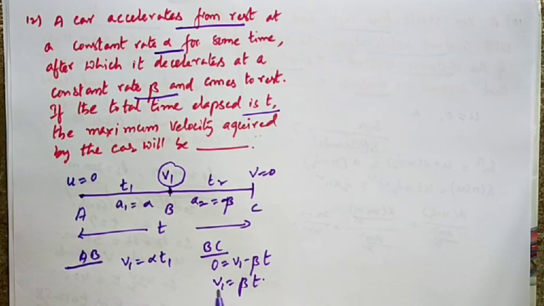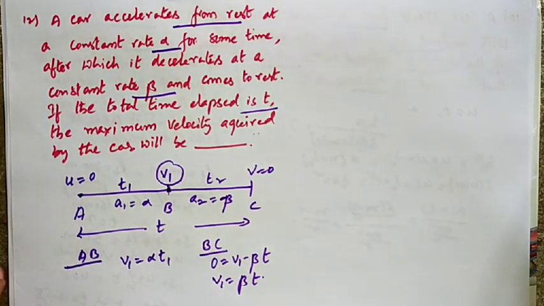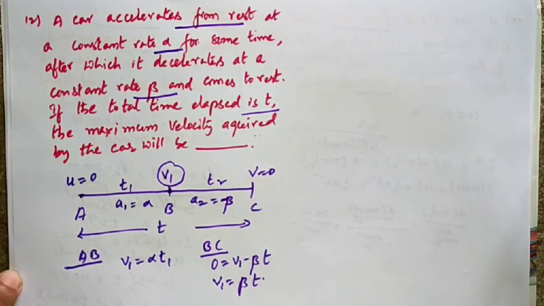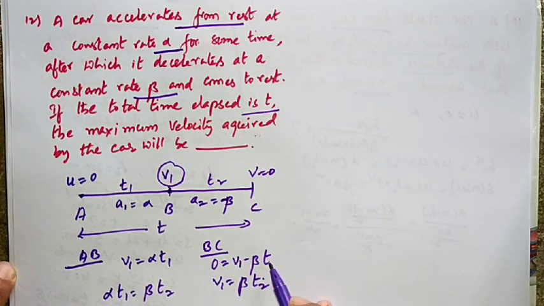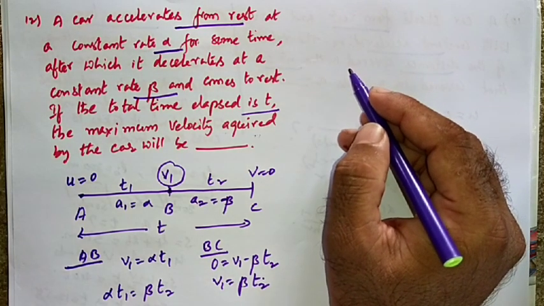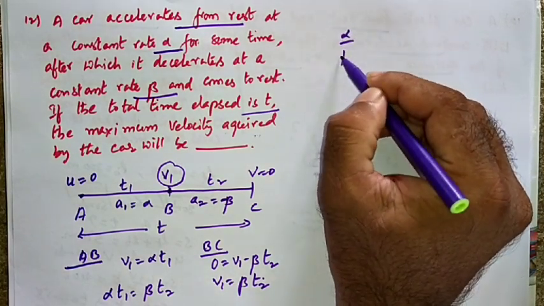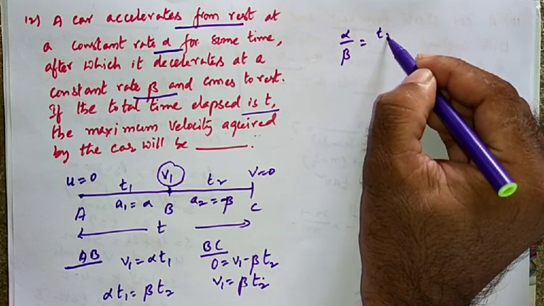Clear? As these two are equal, as V1 is equal to V1, one can write alpha T1 is equal to beta T2. Yes or no? Yes. From this, one can write the relation alpha by beta is equal to T2 by T1.